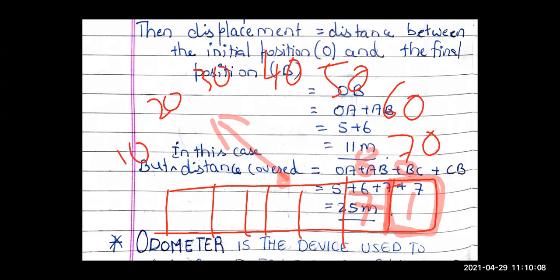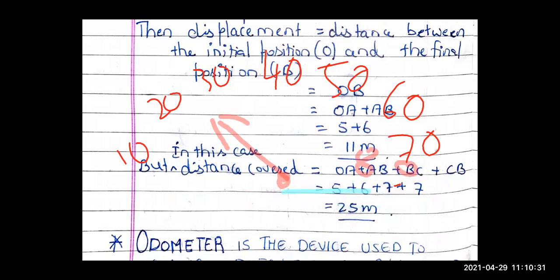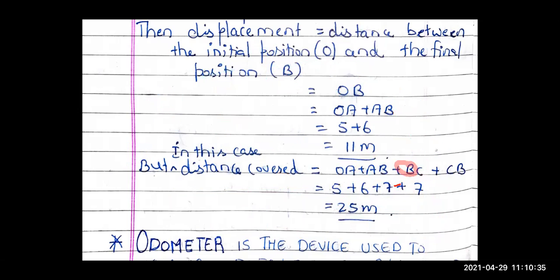So when you're moving the Activa, this is changing. So what does this device record? This device is measuring the total distance covered by your scooty, the total distance covered by the vehicle. So odometer is the name of the device which is used to measure the distance covered by a vehicle, right beta?